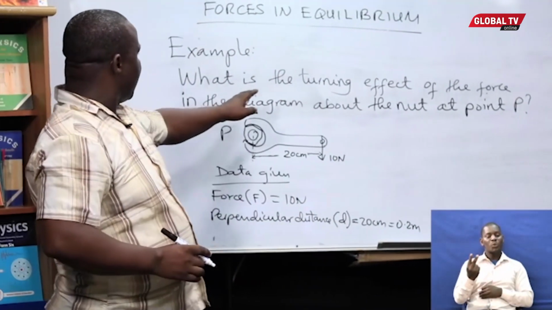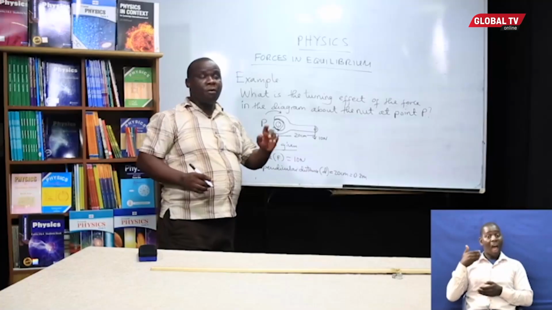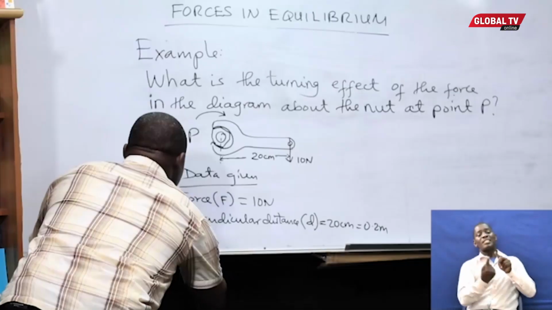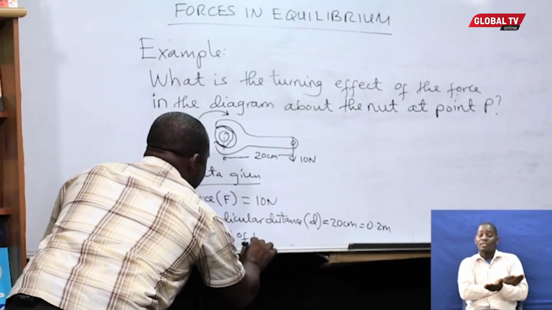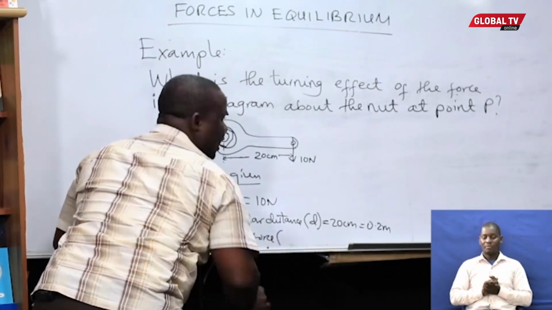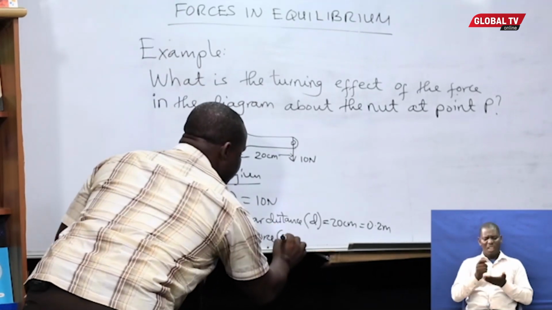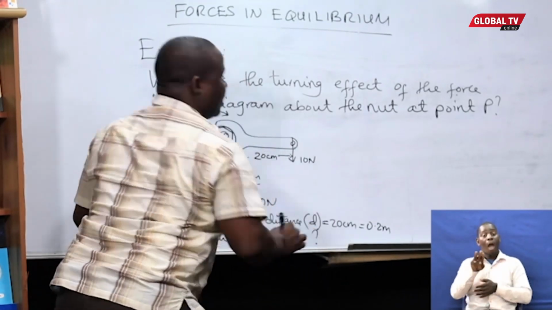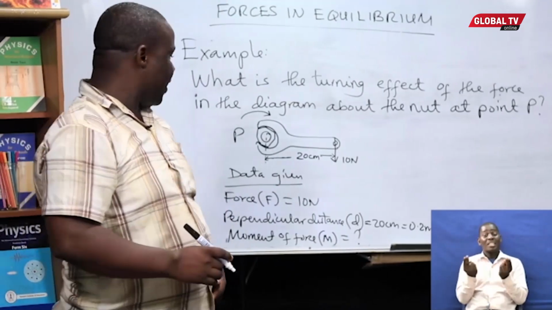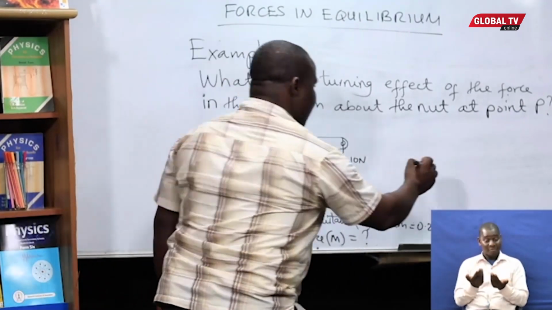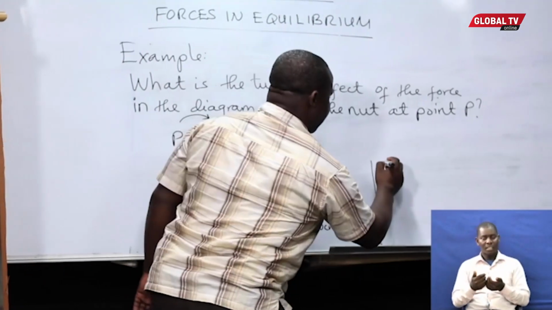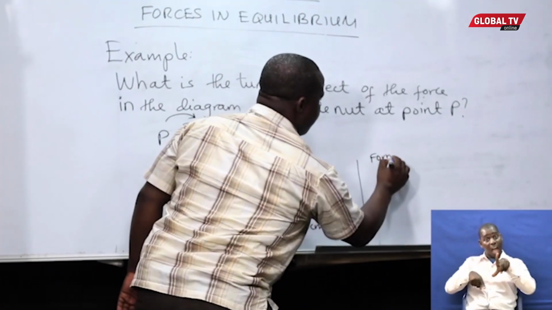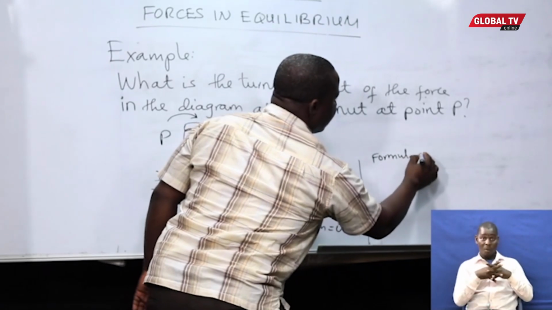Now we are after the turning effect, or moment of force, whose symbol is M. So we can write a column here for formula and calculation.